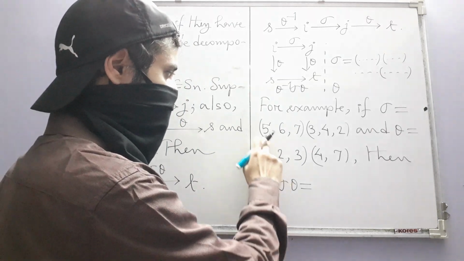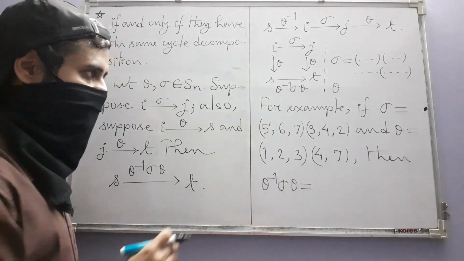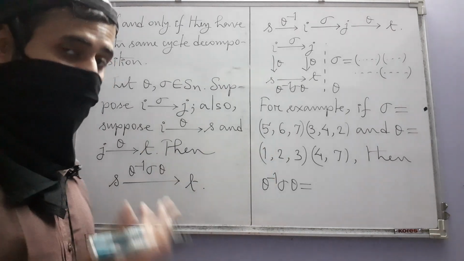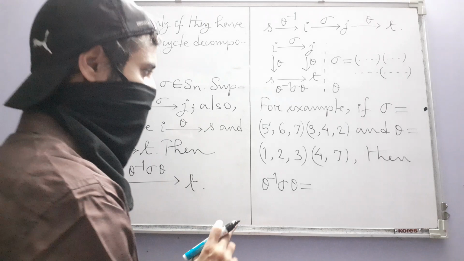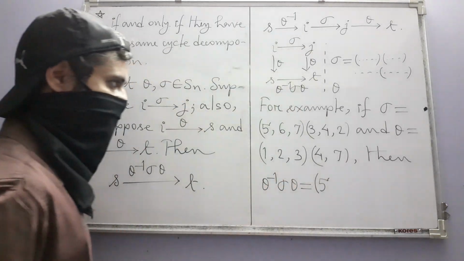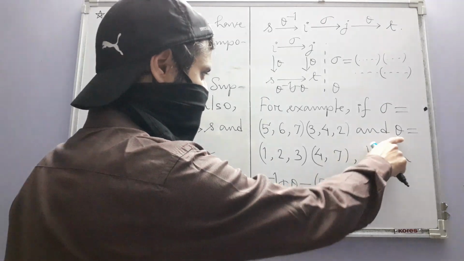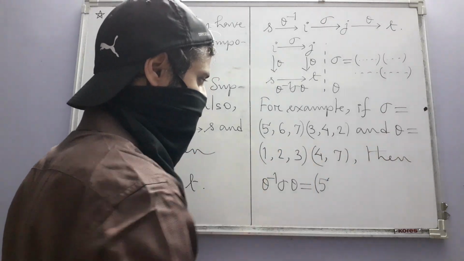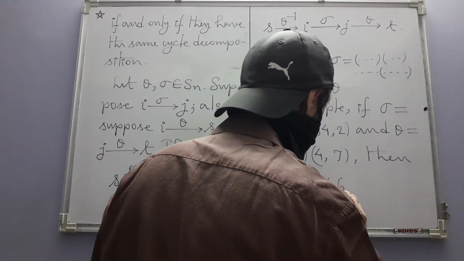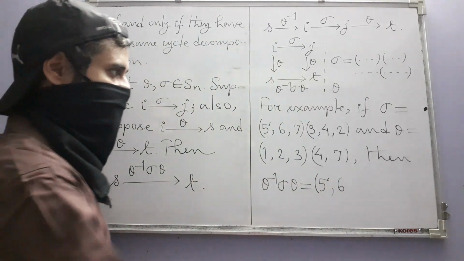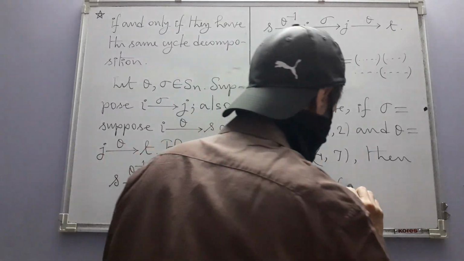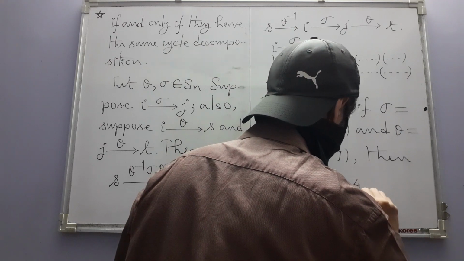What does theta do to 5? 5 does not appear in this symbol for theta, so theta does not do anything to 5, it keeps 5 fixed. So we also don't do anything to 5. Then theta also fixes 6. It does not change 6, so we also do not change 6. Theta changes 7 to 4, so this 7 is going to be replaced with 4 by us.